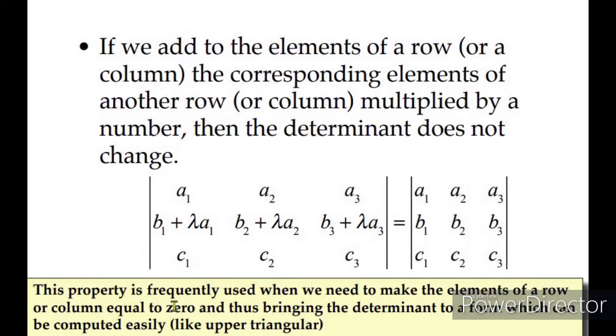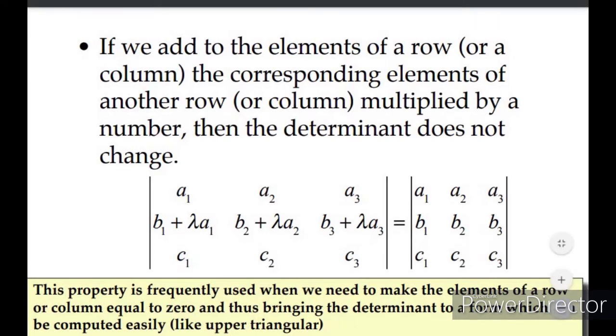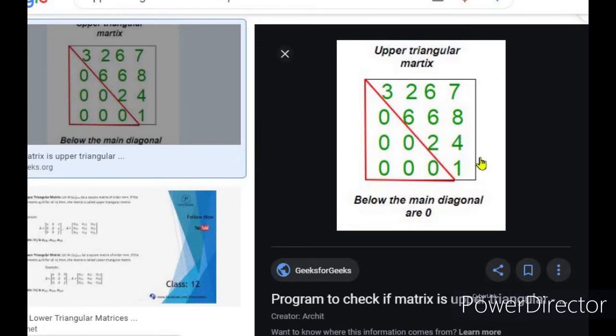This property is frequently used when we need to make the elements of a row or column equal to 0, thus bringing the determinant to a form which can be computed easily, like upper triangular. So we will be using this to make some of the elements equal to 0 when we are computing them. When we say upper triangular matrix, it is like this.